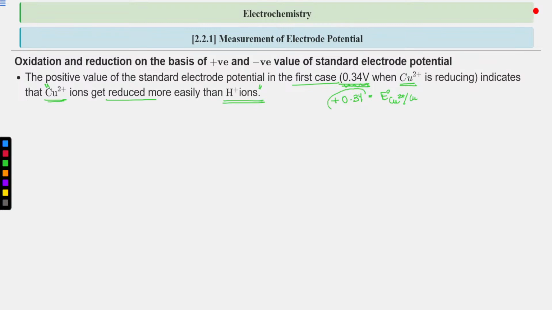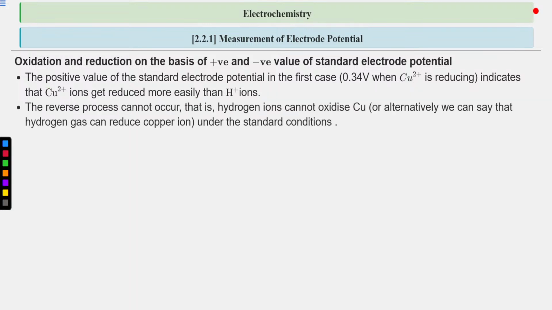So the standard electrode potential value comes out as positive. Now what does that indicate? It indicates that Cu2+ ions get reduced more easily than H+ ions. Okay, why H+ ions are we saying? Because the other half cell we used is SHE, the standard hydrogen electrode, where the hydrogen reaction is happening, right? So that's why we are comparing copper and H+ ions.